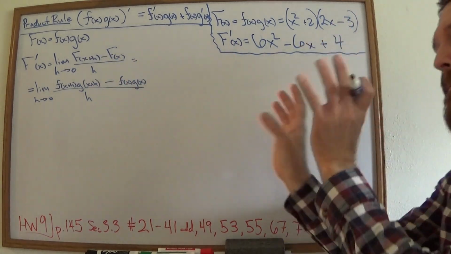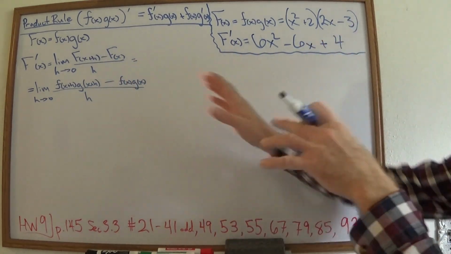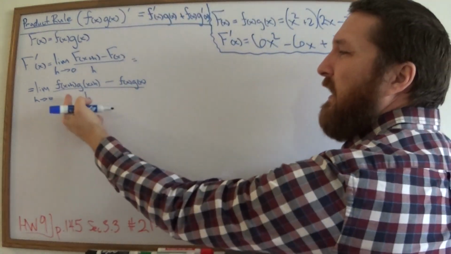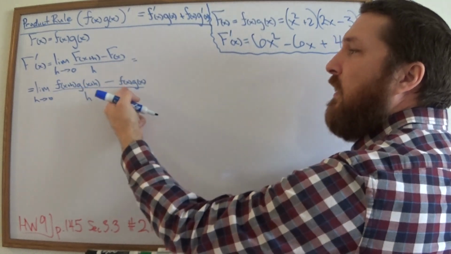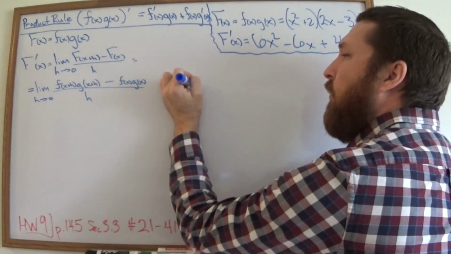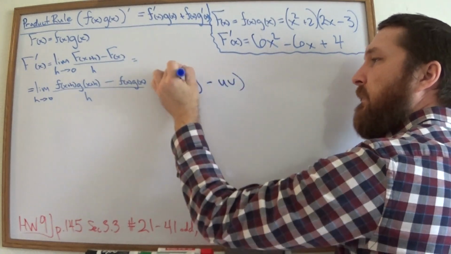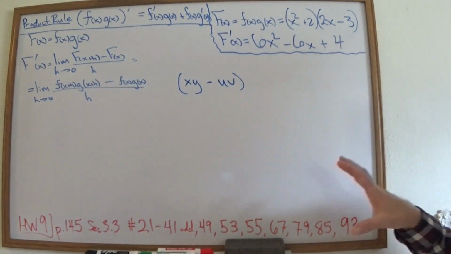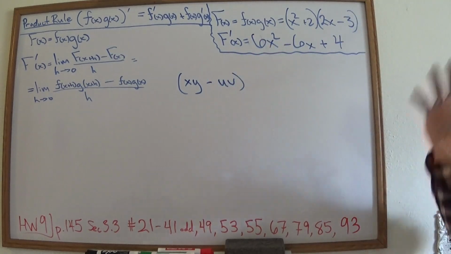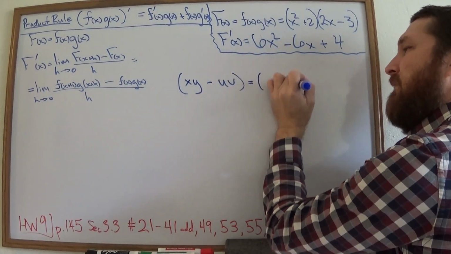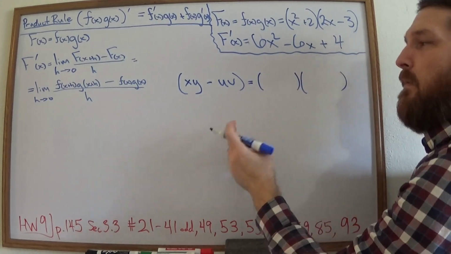Just seeing that it says product rule, I'm thinking we kind of have four different things. Let's just call them x, y, u, and v. If I'm thinking about a product, this almost looks like you have a product of two sums.